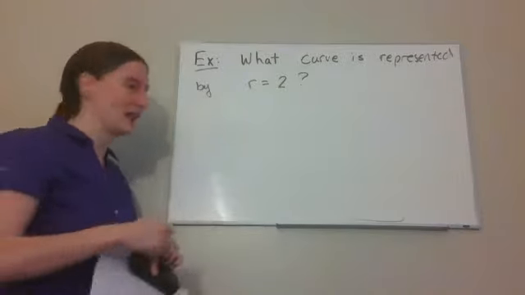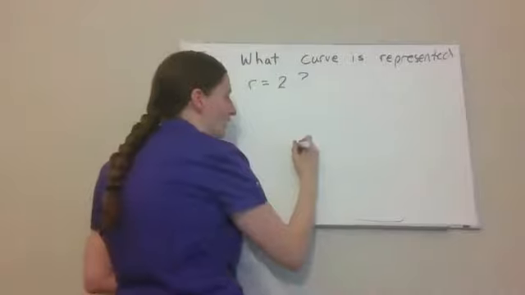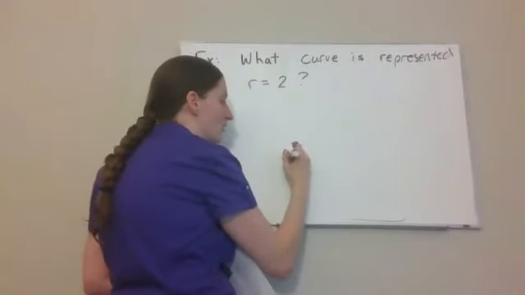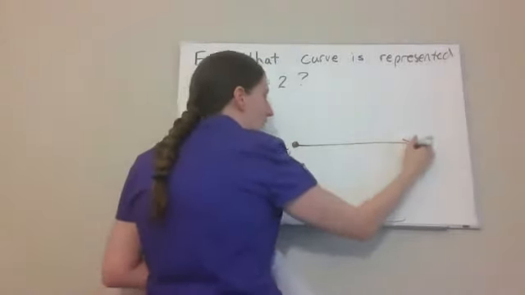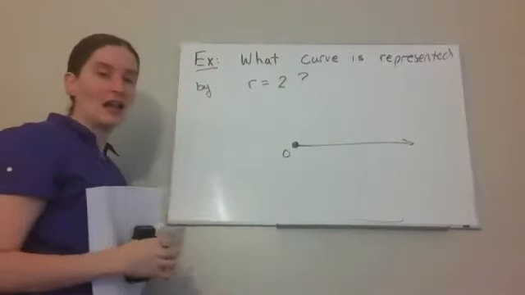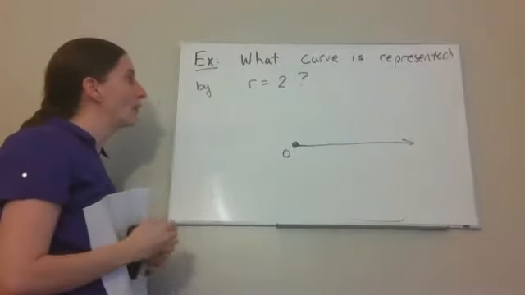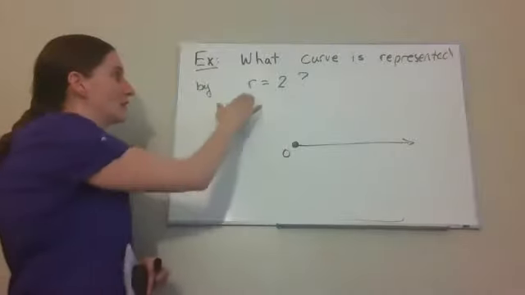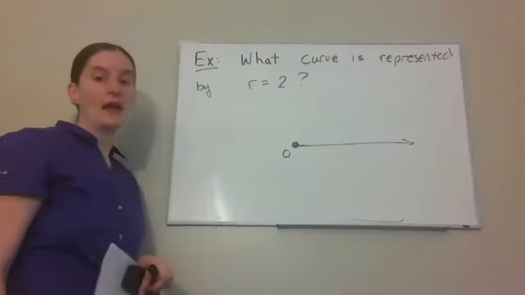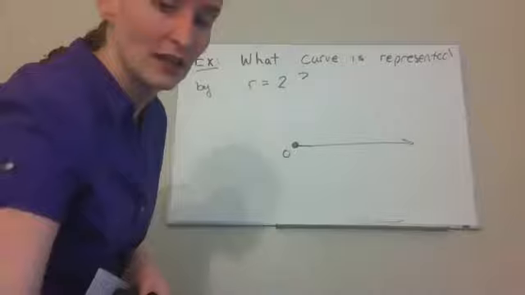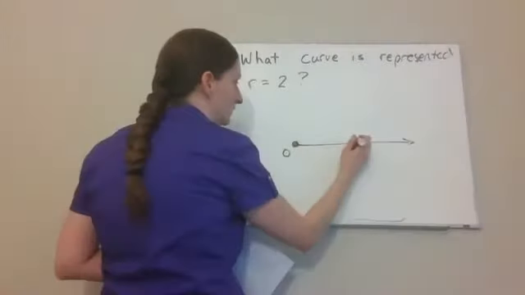Our angle is anything. So if I think of, here is my origin or my pole, here's my polar axis, and I need to graph all of the possible points that have a distance from this O as 2. What's that going to look like? It's going to look like a circle.